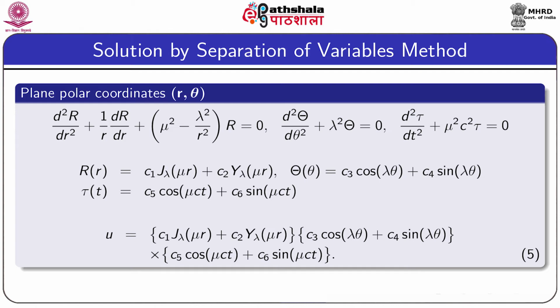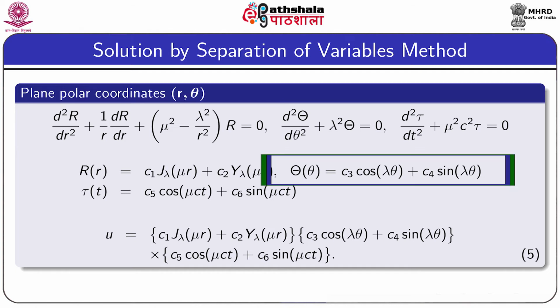And the solution for Theta can be written as Theta equals C3 cos lambda theta plus C4 sin lambda theta.